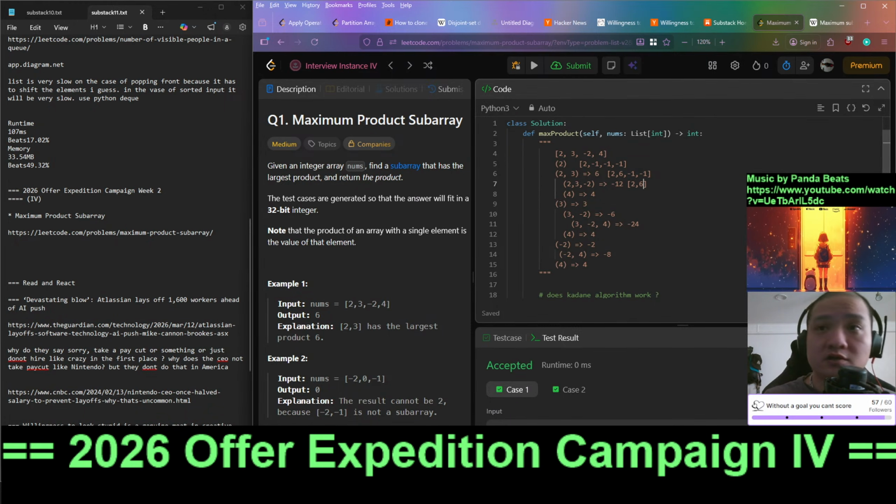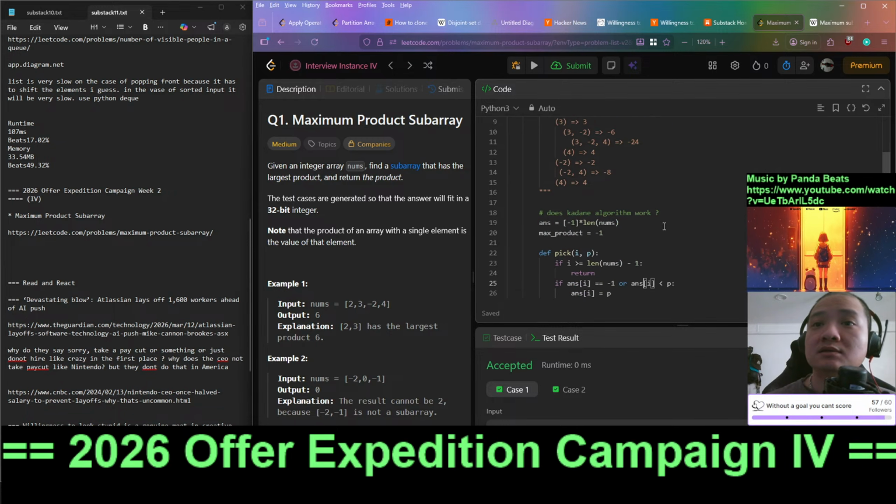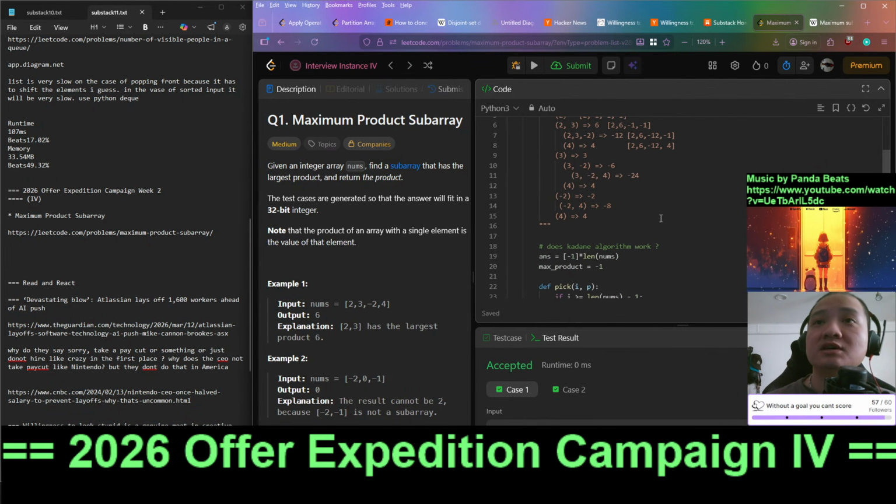and 2, 6, right, negative 12, negative 1, right, and then finally we got 2, 6, 12, 4, right, and then now we do 3 here, right? Is 3 going to make it bigger, right? Then we should attempt that, right?